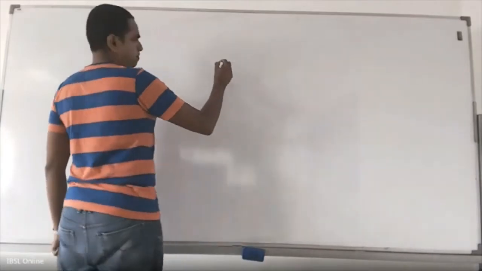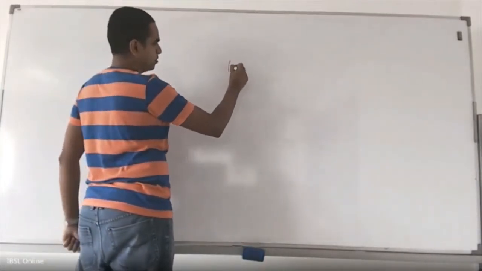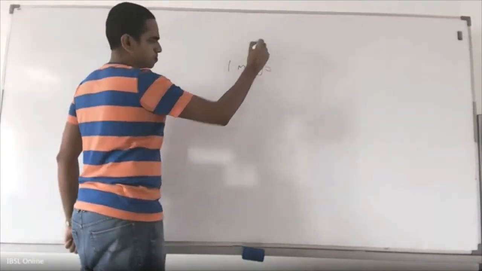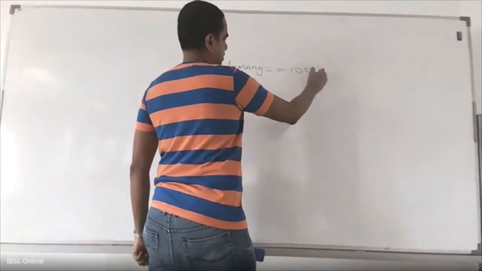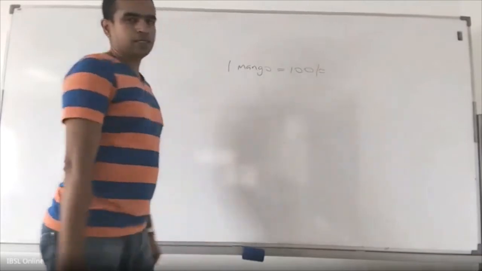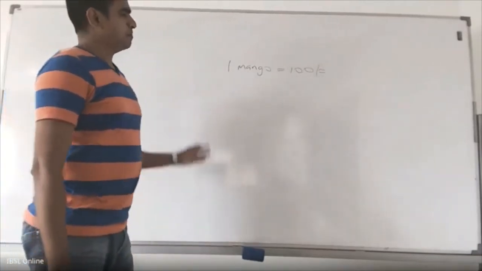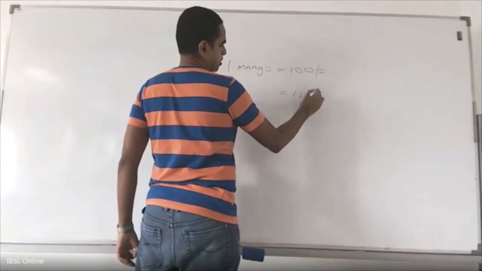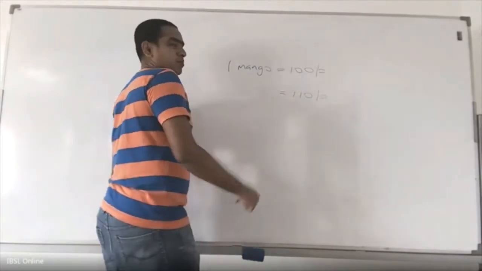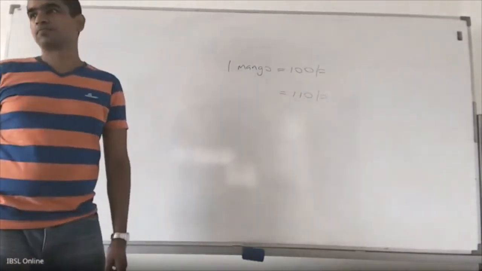So let's assume the price of one mango is $100, right? Then the price the next day is 110, one mango is 110.